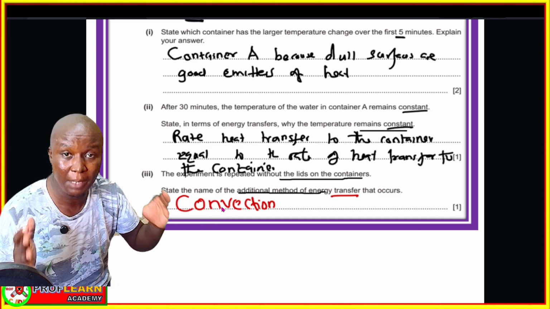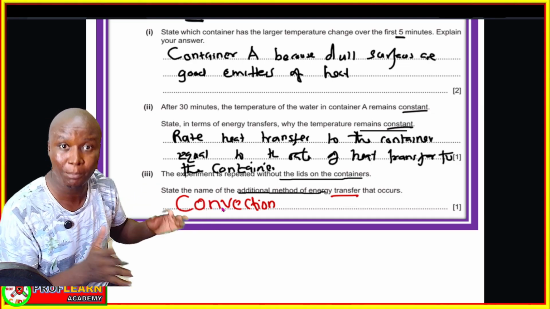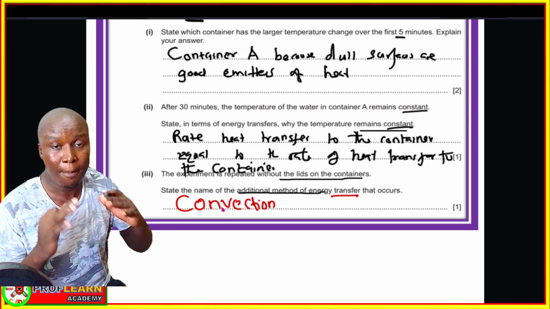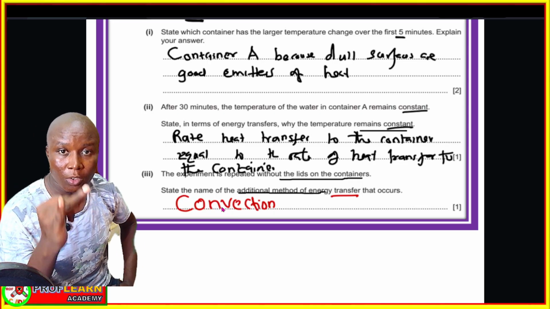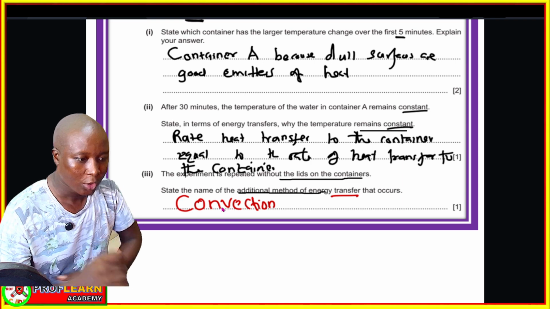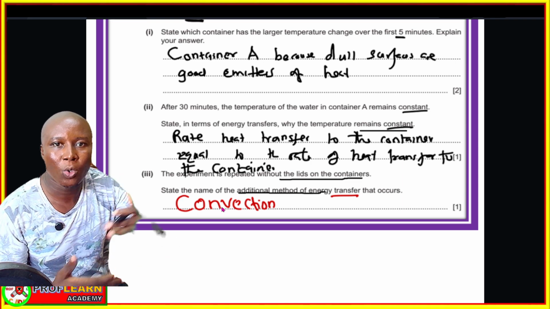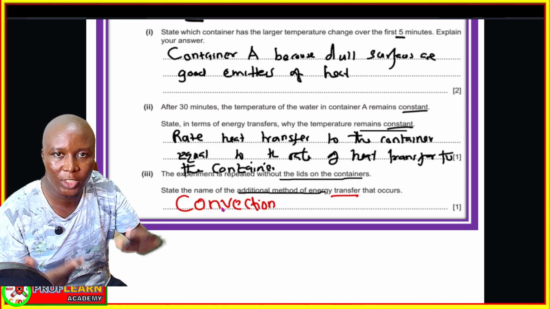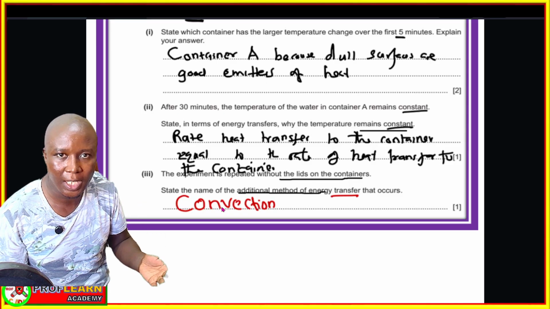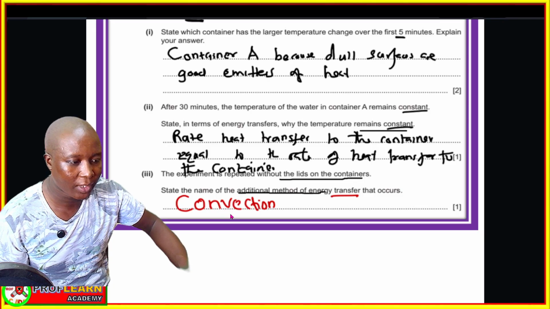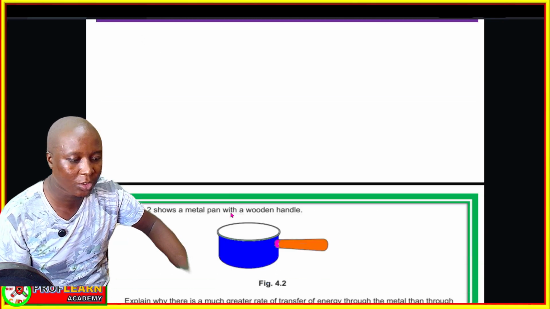I think the examiners called a meeting to condemn such an answer in the exam. When the lid was removed, a lot of convection currents were set up, so the mode of heat transfer that was evident here is convection.